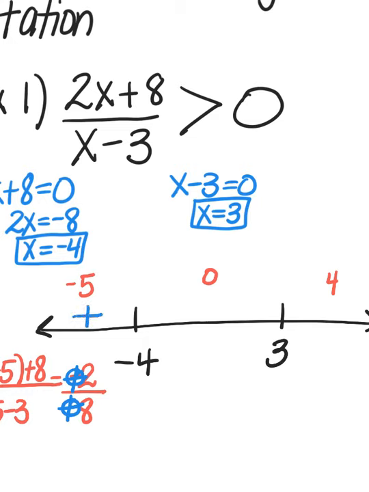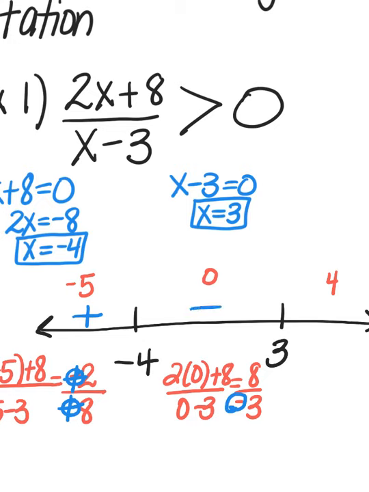Now I'm going to plug in 0. So I have 2 times 0 plus 8 over 0 minus 3. Well, 0 plus 8 is 8, and 0 minus 3 is negative 3. This time I have one negative, and one negative means that the whole fraction's negative, so my middle interval gives me negative outputs.